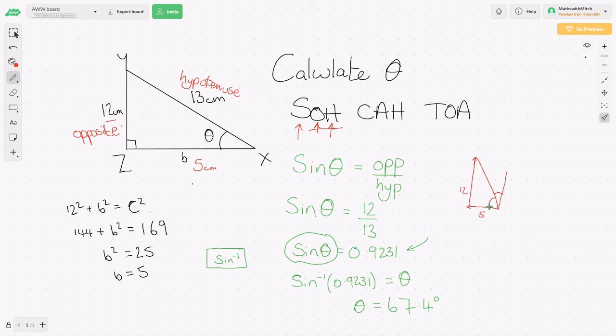Therefore, you would expect the angle to be beyond 2/3 of the way to 90, which it is, 67.4 degrees. Visually, that now looks about right. So we can say that it's probably correct in terms of a check that we've calculated it. So it should be right, but quick visual check is, yeah, we're pretty confident that that's definitely not wrong.